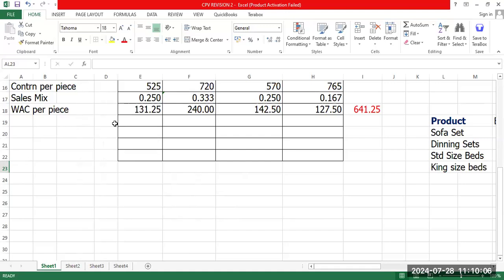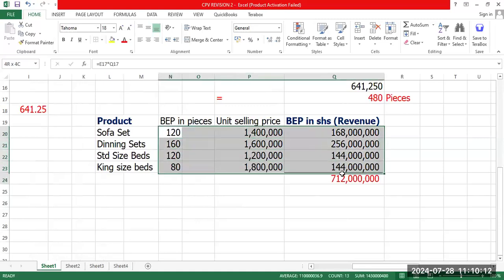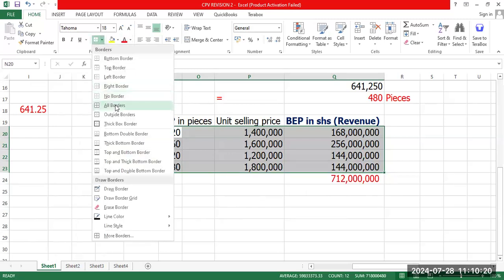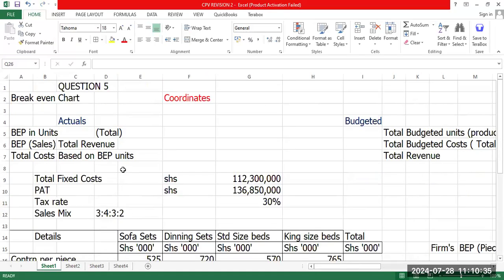At this point, do you have any question? So that is our break-even point in shillings, and we have our total revenue.